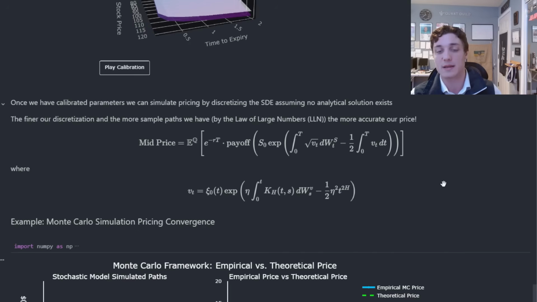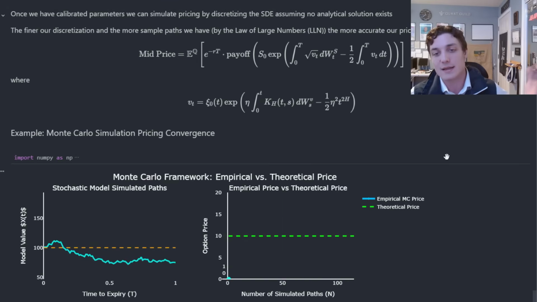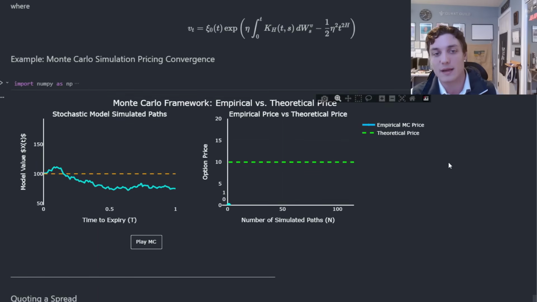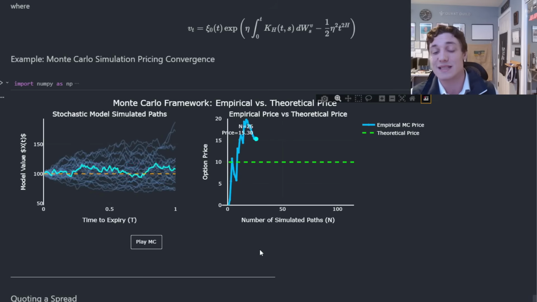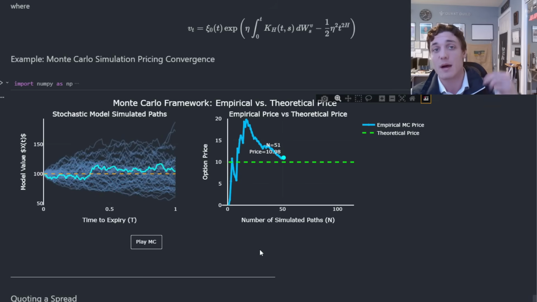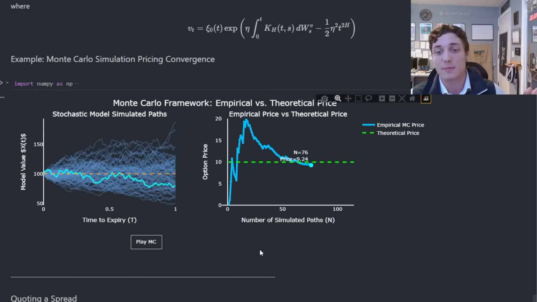That is going to be the risk-neutral discounted expectation of the payoff of our contingent claim by the fundamental theorem of asset pricing. And if that is a little too complicated, we can just look at this animation here. By the law of large numbers, I can continue to simulate paths for the model that we selected after we've calibrated it.